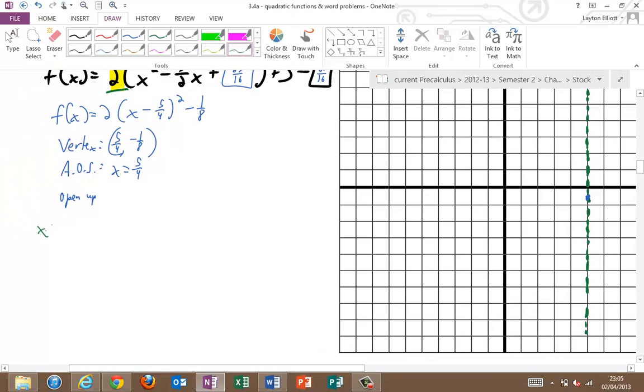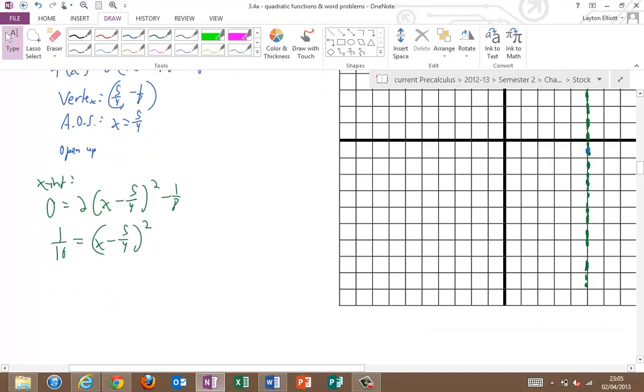X-intercepts, we set y equal to 0. 0 is equal to 2 times (x minus 5/4) squared minus 1/8. If I add 1/8 to both sides and multiply by 2, or divide by 2, sorry, I get 1/16 is equal to (x minus 5/4) quantity squared.